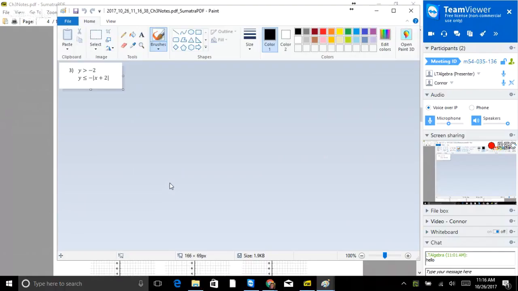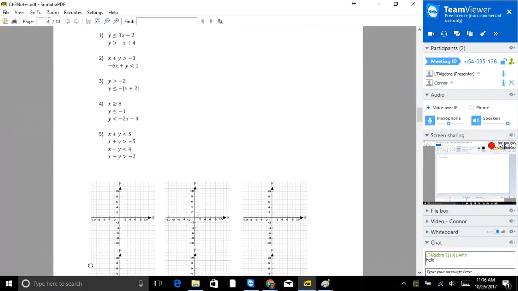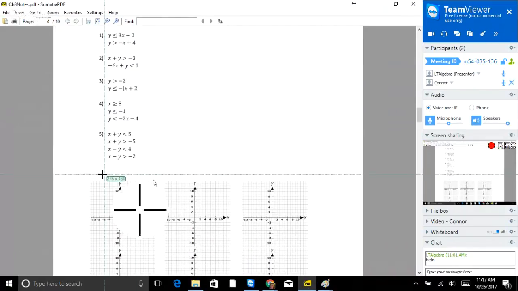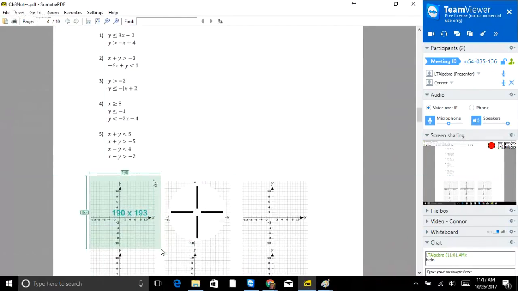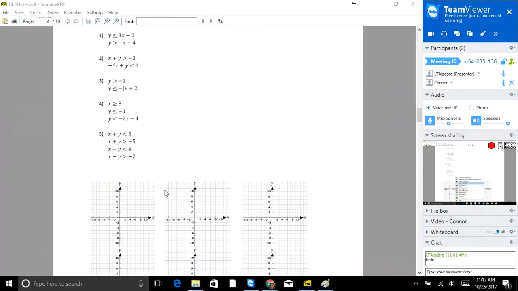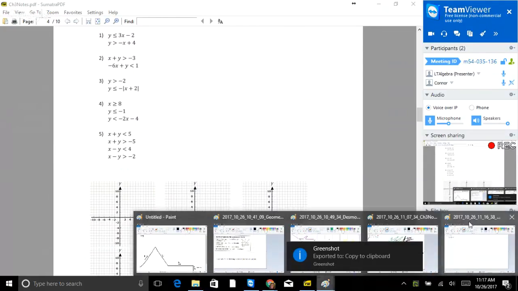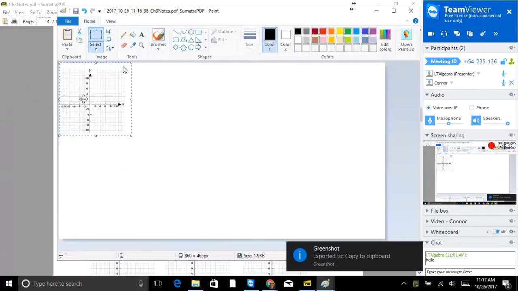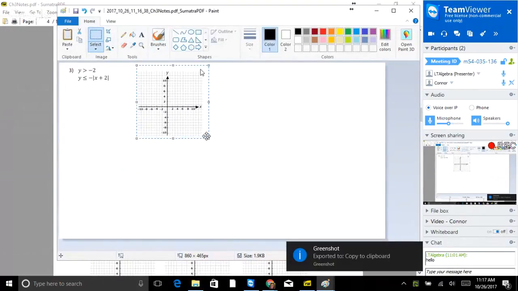Okay. Make that bigger and get a graph. Okay, make the graph a little bigger.